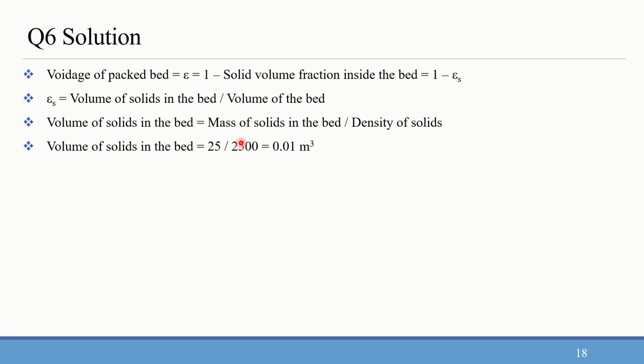Now next what we need to find? We need to find the volume of the bed. So the column is a cylindrical column.